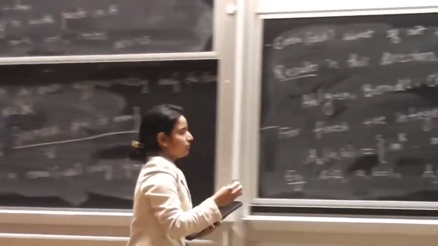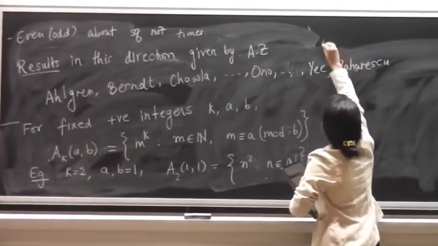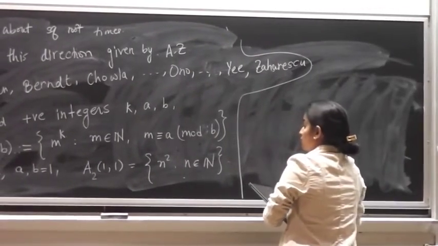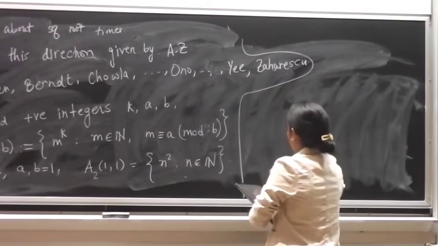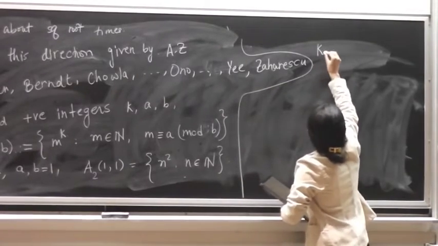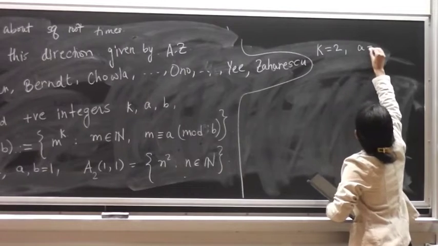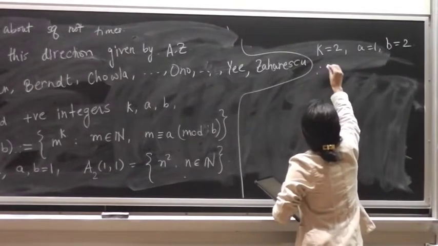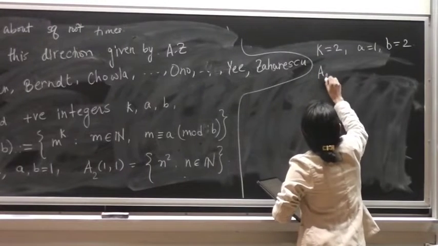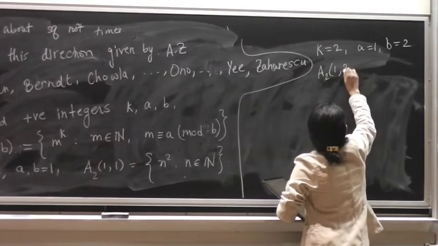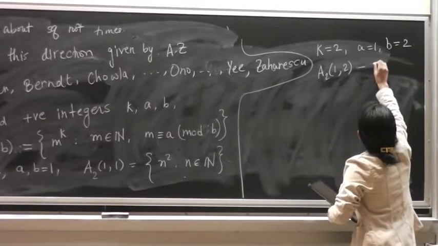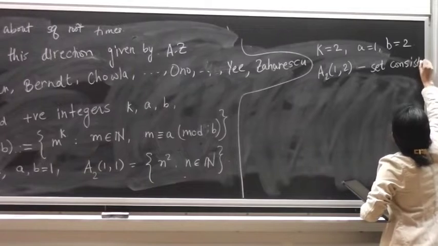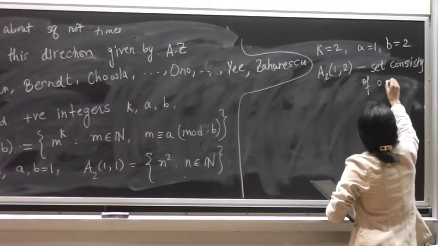Okay, in particular now you can take not just squares but also squares of odd numbers, for example, because odd would just mean that you are taking a to be equal to 1 and b to be equal to 2. So then this is the set consisting of odd squares.